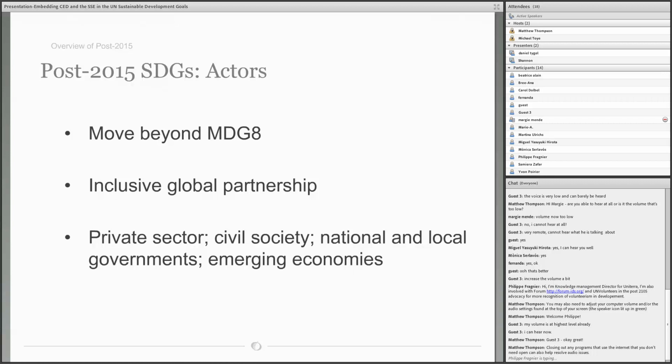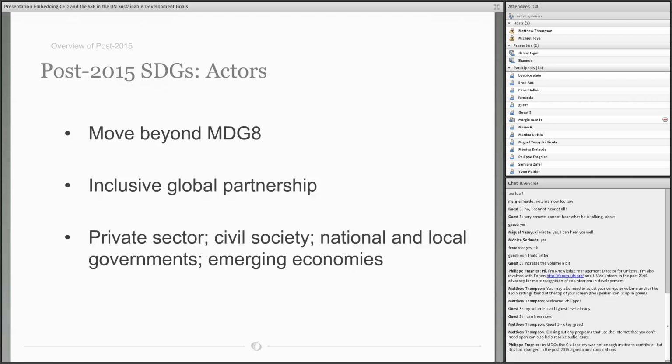But importantly, something to keep in mind is that where we're going with post-2015 Sustainable Development Goals is beyond what I'd say is the MDG 8, Millennium Development Goal 8, approach, which was about what the North needed to do to enable developing countries to develop. So it was around trade issues, debt relief, technology transfer, and so on.